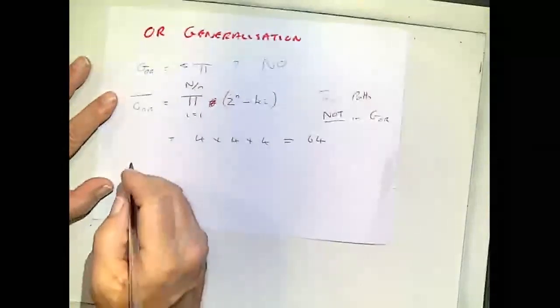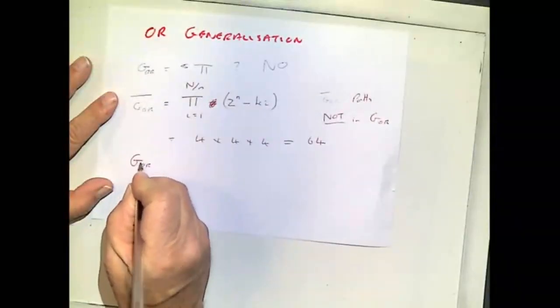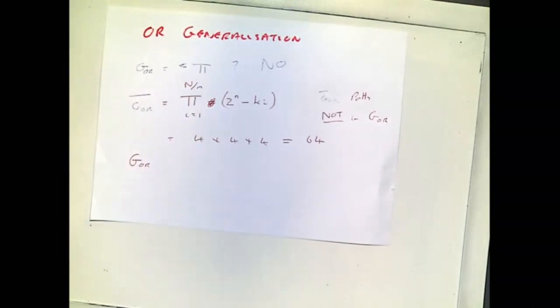If I've calculated not GOR, I can now go back to my GOR. And GOR, general case, can somebody suggest a formula for GOR, if I've got not GOR? No, it's not binary.